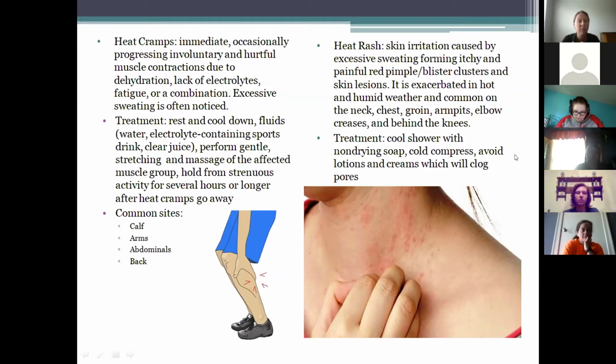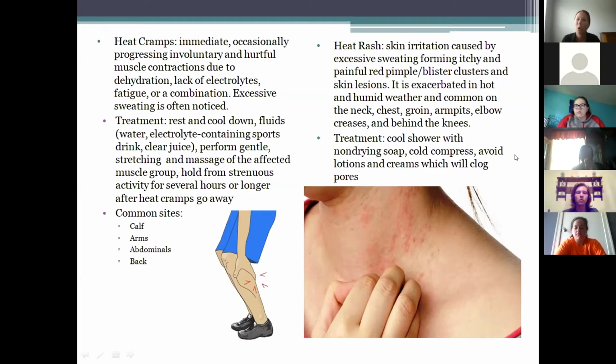I will say from my experience with heat cramps, typically the people that it happens to often, they know it and they could feel it coming on.